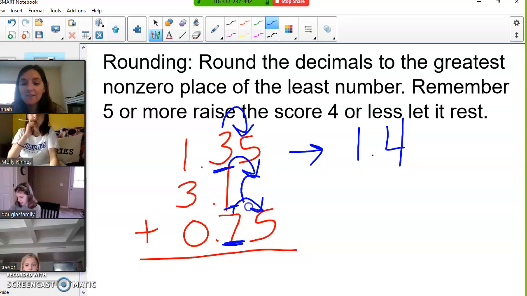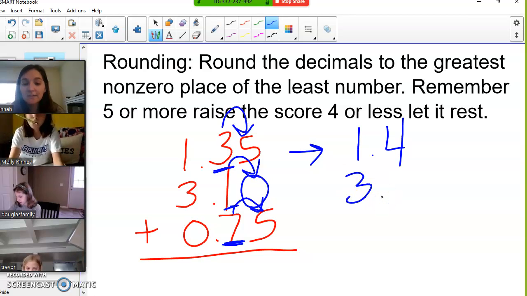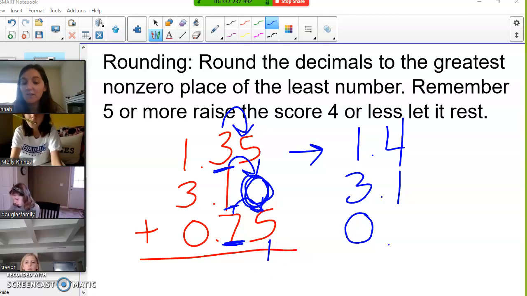And then if I don't have anything right here, I'm going to assume that it's a 0. So then I'm going to have 3.1, right? Because 5 or more, raise the score, 4 or less, let it rest. So this little guy right here is telling the 1 to stay a 1. And then we have 0 point, and then the 7 looking over at the 5 and saying, it's 5 or more, raise the score, 4 or less, let it rest.